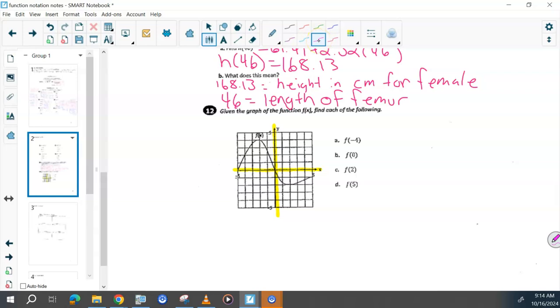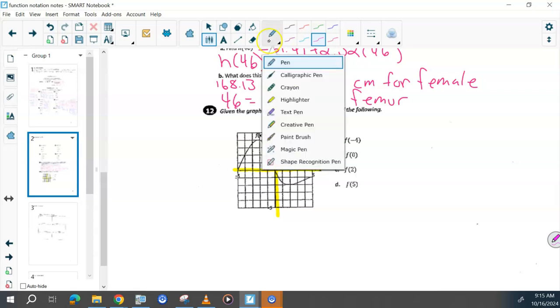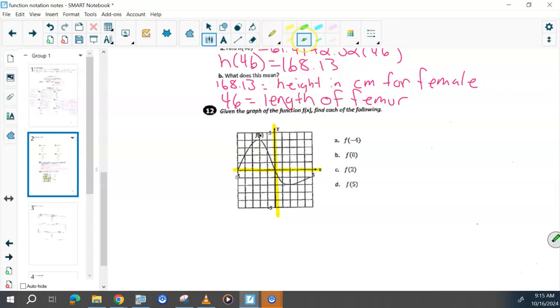So if I'm looking at when x is negative 4, what is your y value on that function? Close. So when x is negative 4, your y value is 2.